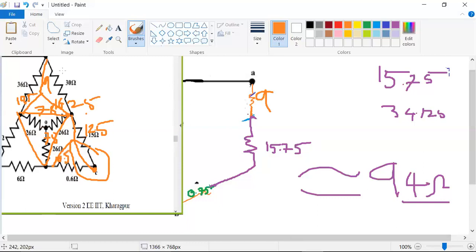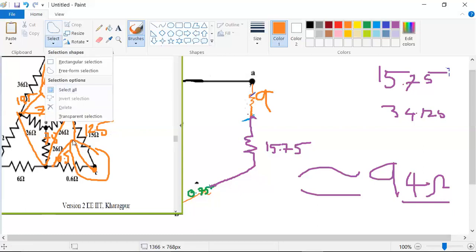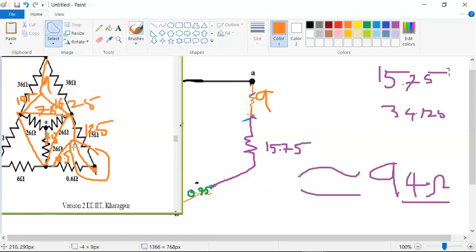So hence, since this is going to be eliminated, I am going to remove this branch. I am going to erase this branch, then add these complete resistors, right? Again, I am going to erase this also.